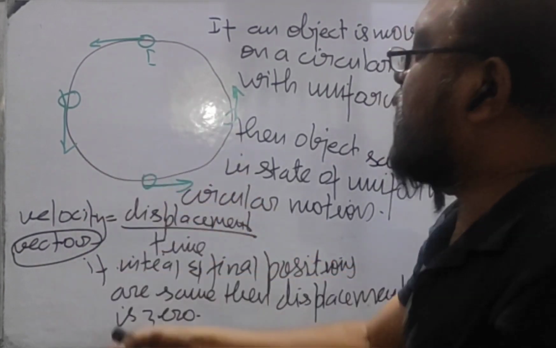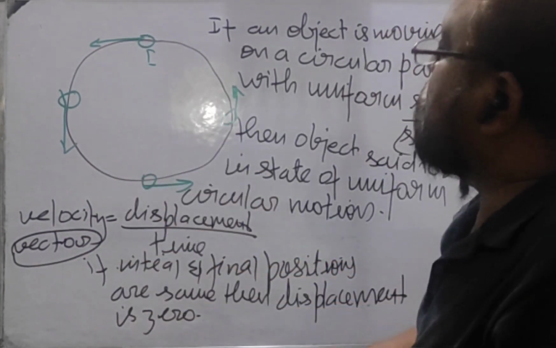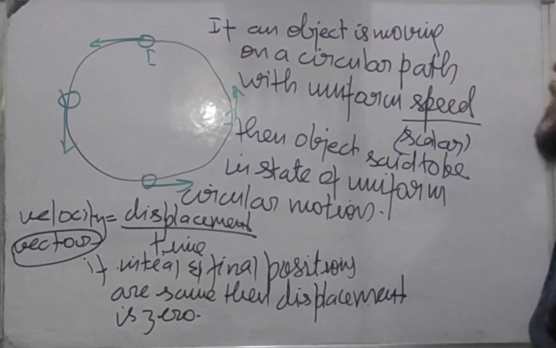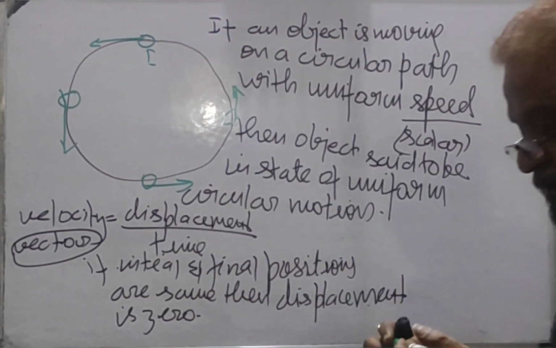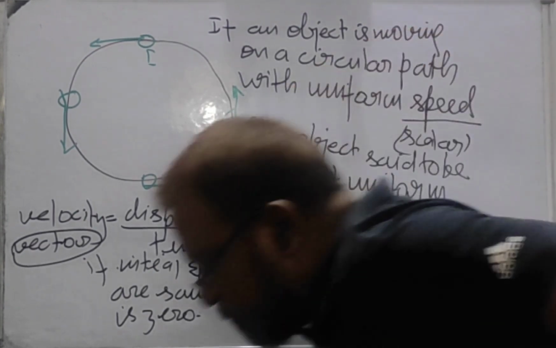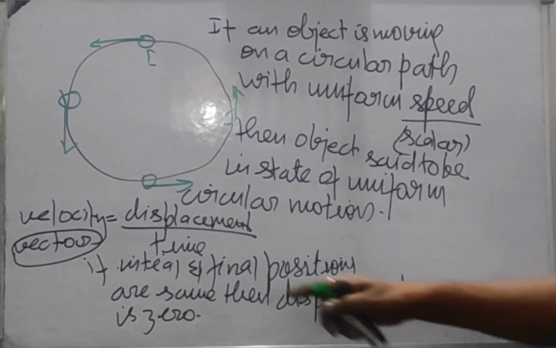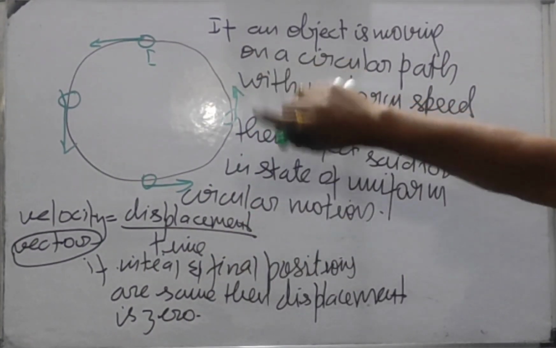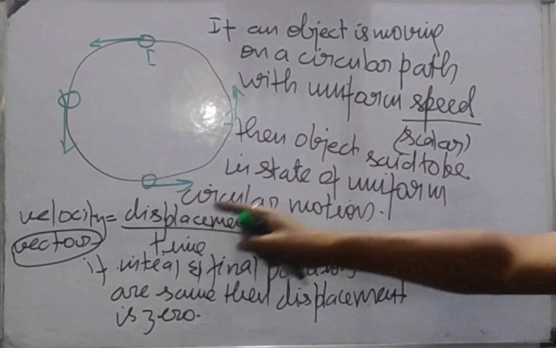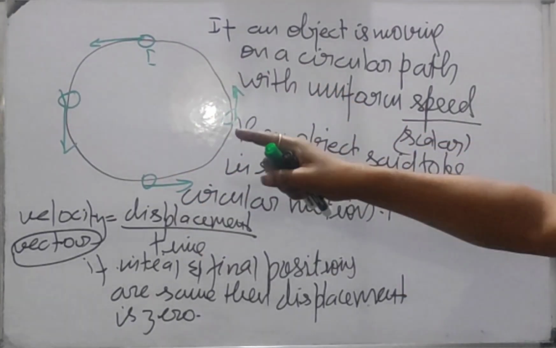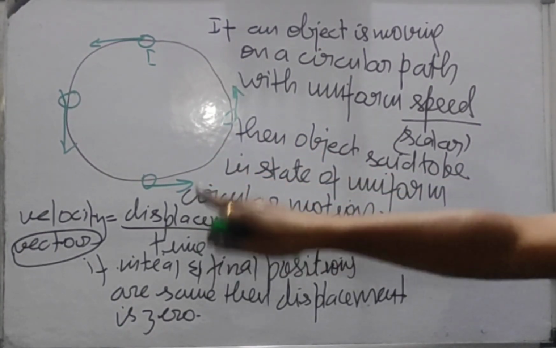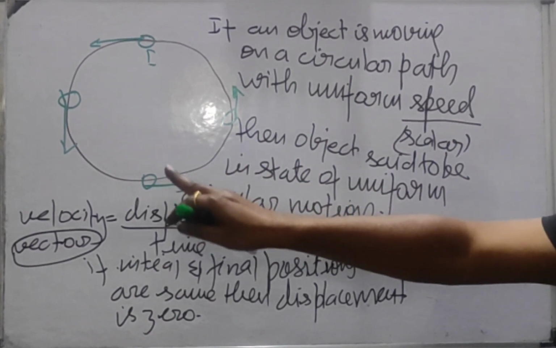So that's why circular motion is also known as accelerated motion. What? So in circular motion, magnitude wise the velocity is going to be zero after a revolution, but during the time of revolution, at every moment of time, its direction changes.